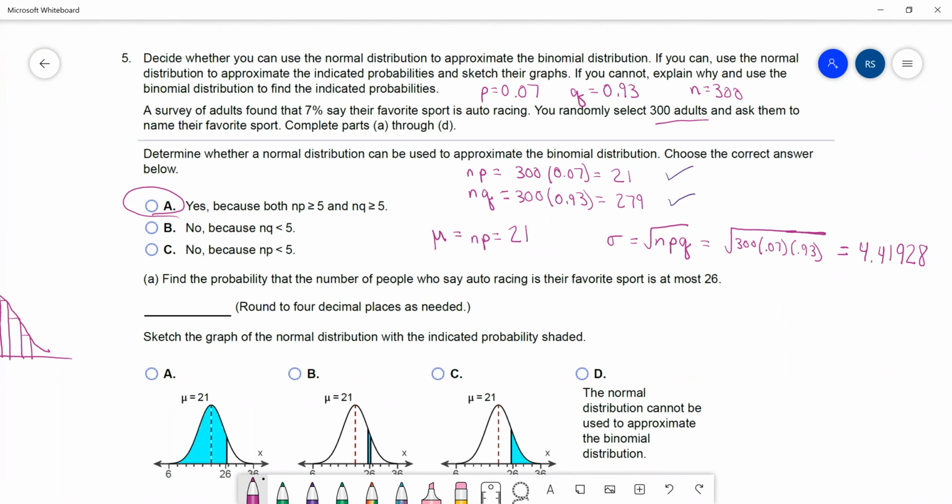So let's say that's our x. So we want the probability that x is at most 26. So that means less than or equal to 26. Now here's where the continuity correction comes in.